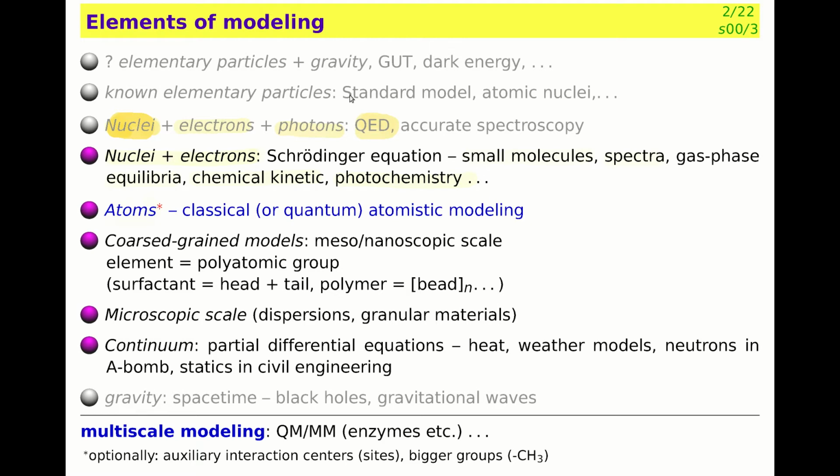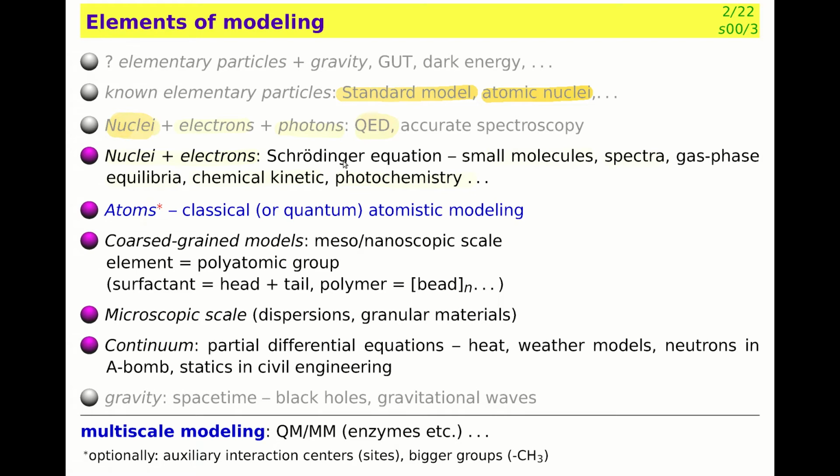So this is a field of physics of elementary particles, and we have the so-called standard model, which quite well describes this world, but it is extremely demanding for calculation. For example, still, it's not easy to predict stability of nuclei accurately enough.